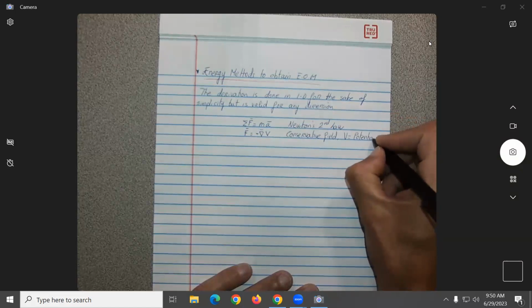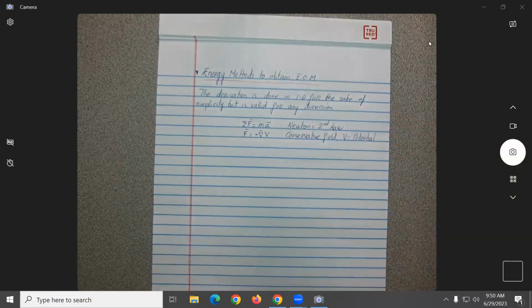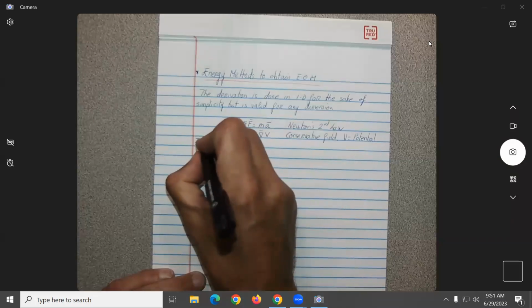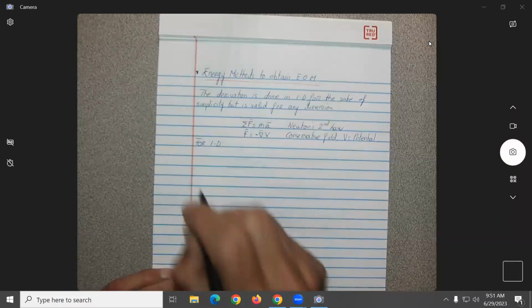Maybe you did that in dynamics. That's what they call the potential energy, because potential energy comes from a conservative force. So for 1D, let's see what the dimension will be.